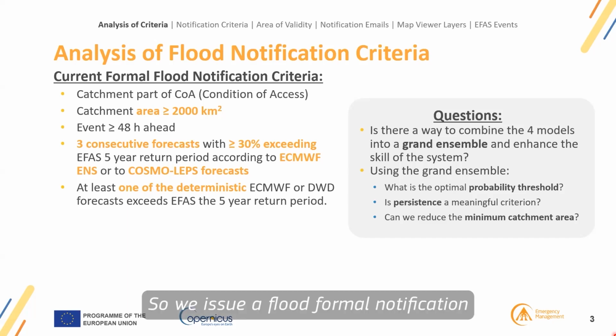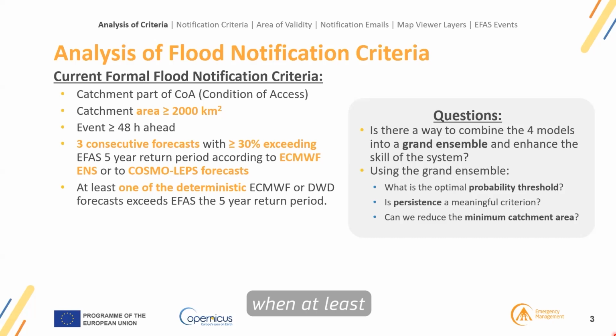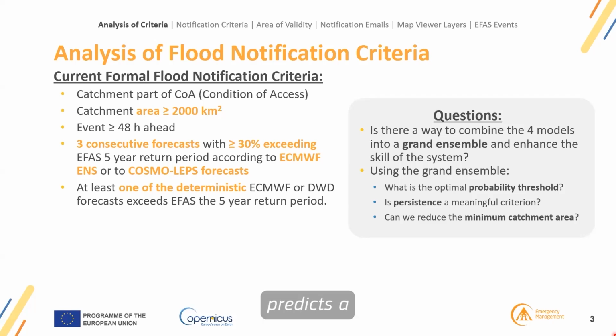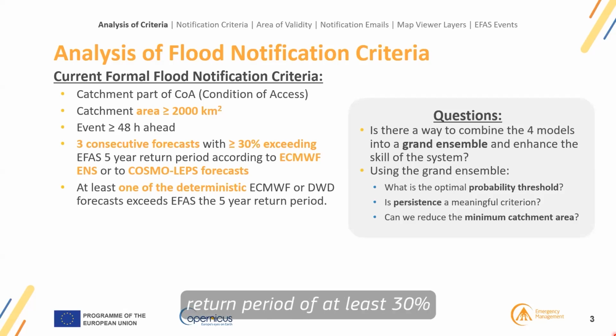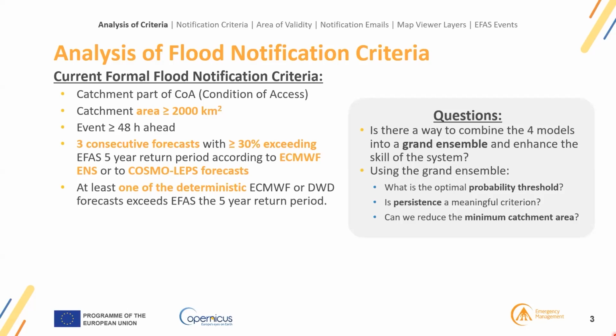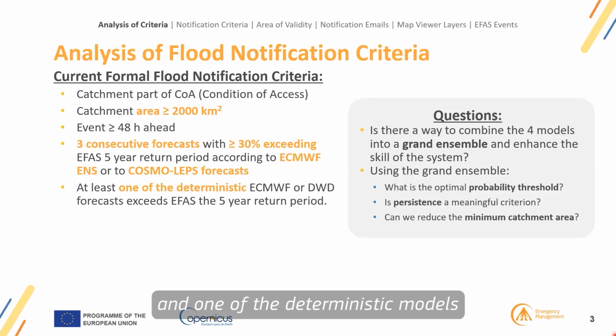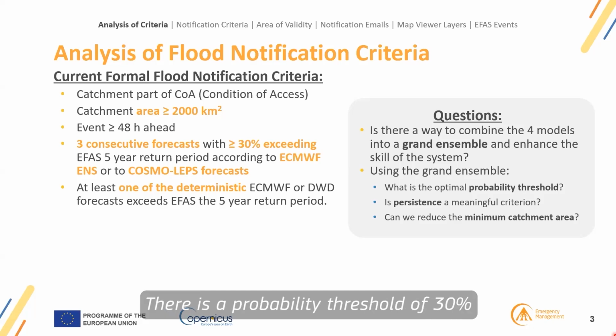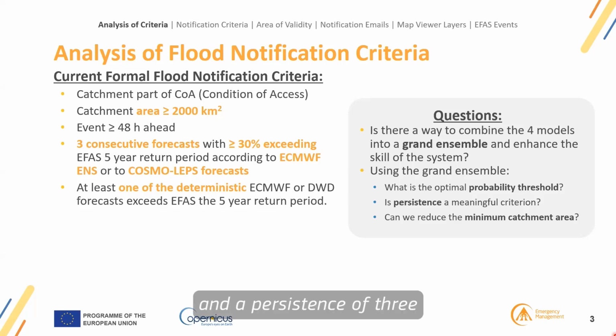So we issue formal flood notifications when at least one of the probabilistic models predicts a probability of exceeding the 5-year return period of at least 30%, and one of the deterministic models also predicts this exceedance of the 5-year return period, and all of this needs to be repeated for 3 consecutive forecasts. So we look independently at deterministic and probabilistic forecasts. There's a probability threshold of 30% and a persistence of 3 consecutive forecasts.